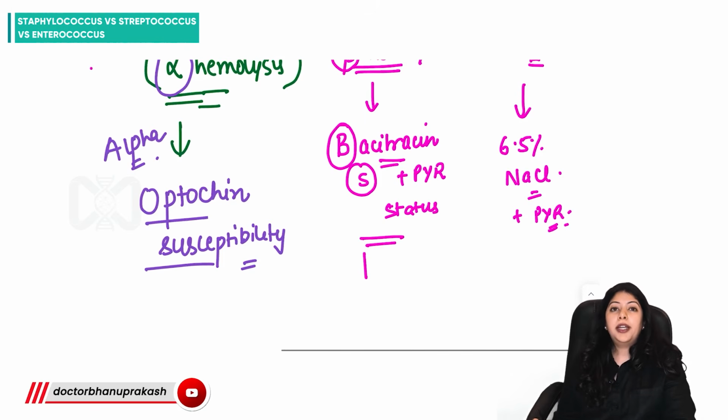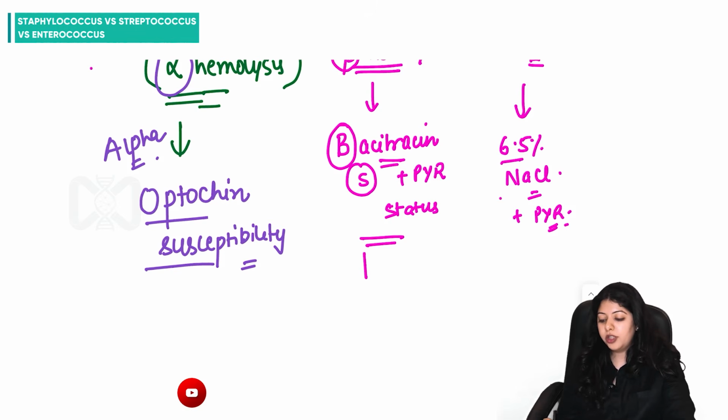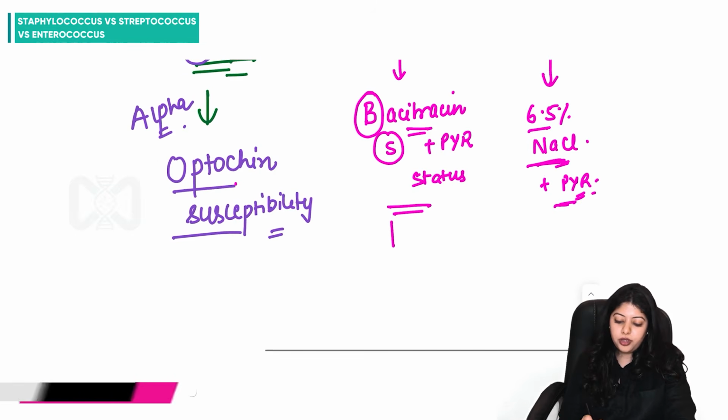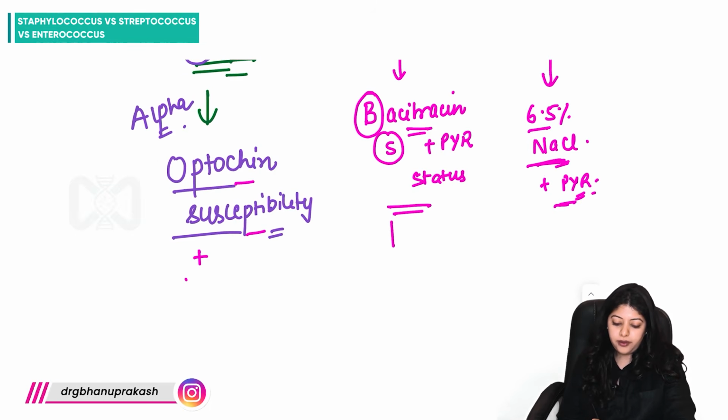For further identification of whether it is Enterococcus or Streptococcus gallolyticus, we are going to look for 6.5% NaCl growth. And with optochin susceptibility, we also have to look for bile solubility for alpha hemolytic streptococci.